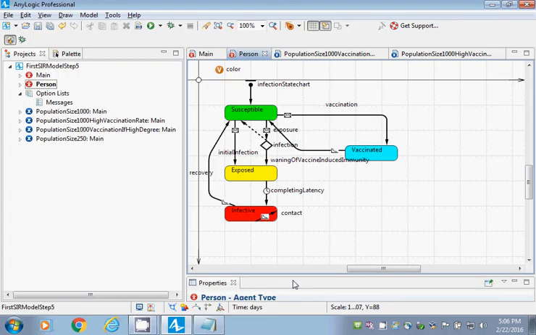Okay, so ladies and gentlemen, within these state charts, we also saw that they could be combined with elements of inter-agent communication through the use of messages. And to examine that, we put people into environments which characterized their location.